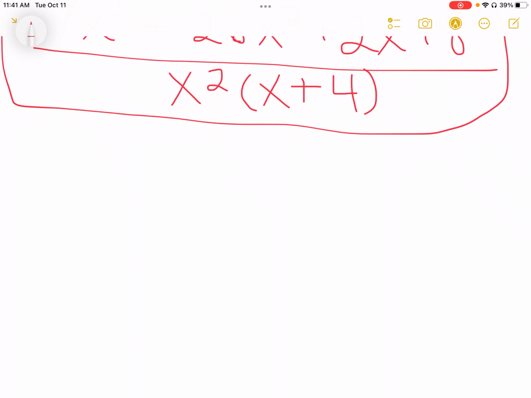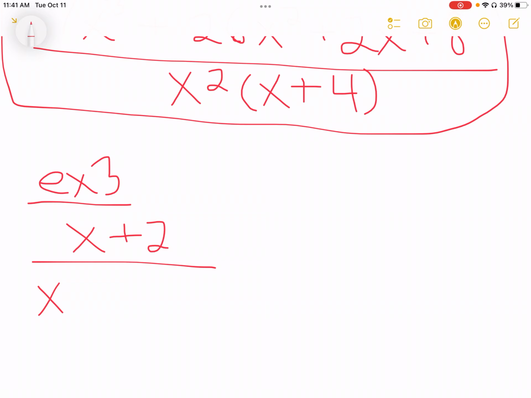So now we have, for example, 3 over x plus 2, and we have x squared plus 4x plus 3. And then we have minus 1 over x times x plus 1.